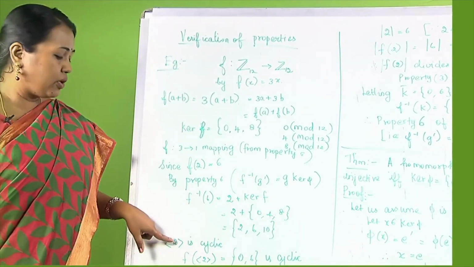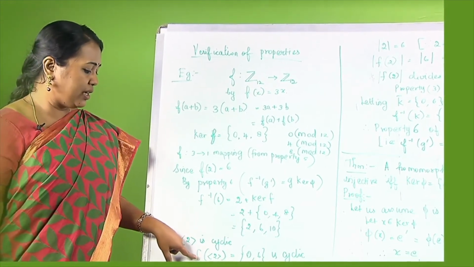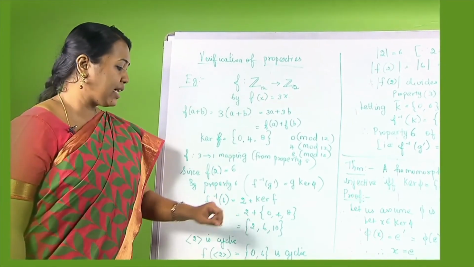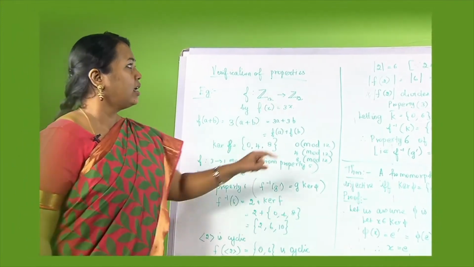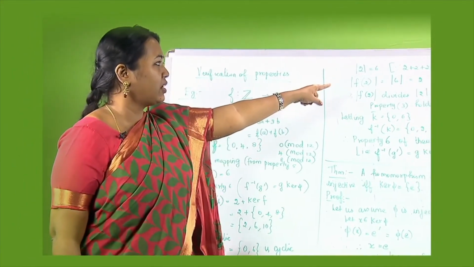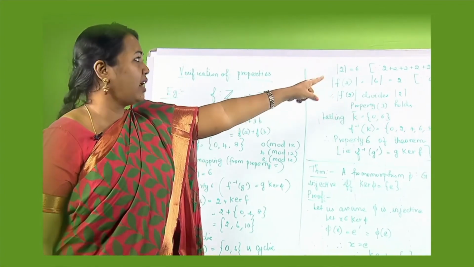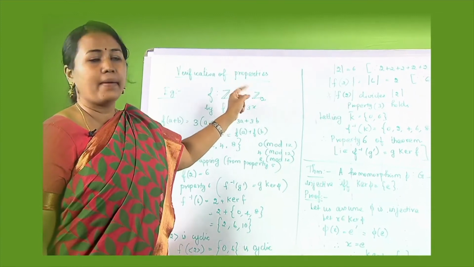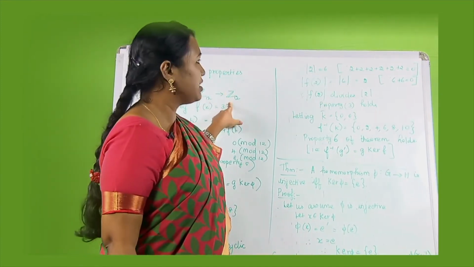We know that the group generated by 2 is cyclic, and we can see that the group generated by f of 2 is also cyclic because it maps onto 0, 6. Now, the order of 2 is 6. You can clearly see that if you add 2 six times, it is equal to 0, which is the additive identity of this group Z12.